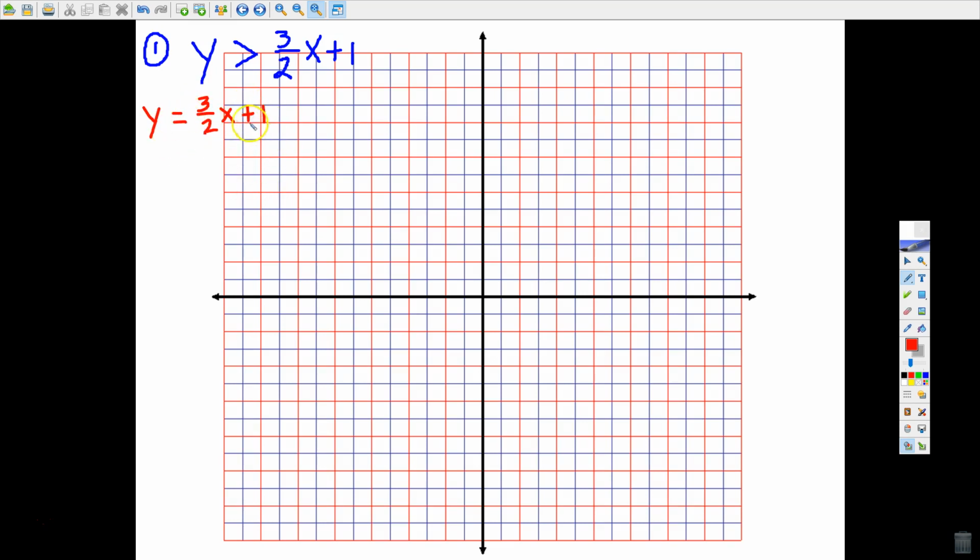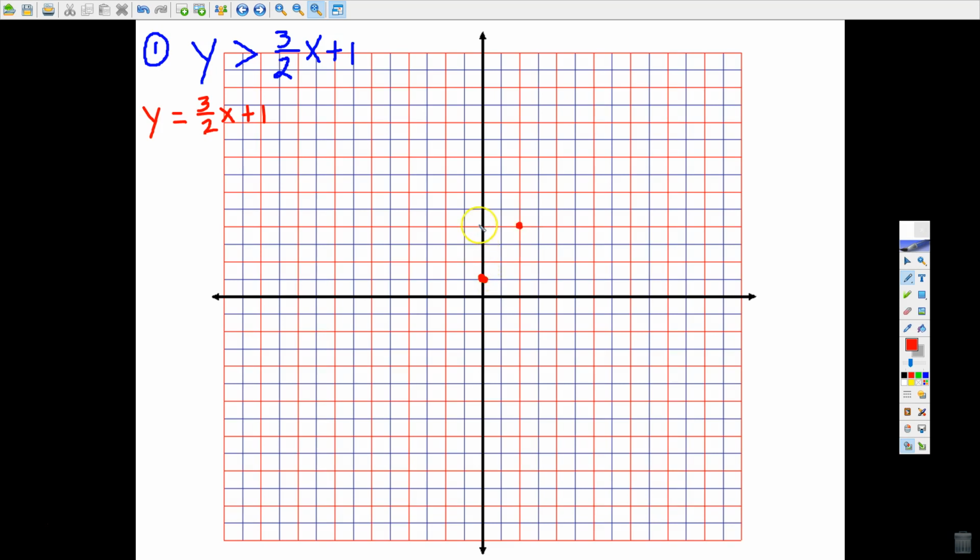Okay, so for the equation, we need to go back and review how we graph a line that's in slope-intercept form like this. Well, this 1 represents the y-intercept, and the 3/2 that's in front of the x represents the slope. And remember, we can think of slope as rise over run: the change in y, that's up 3, over the change in x.